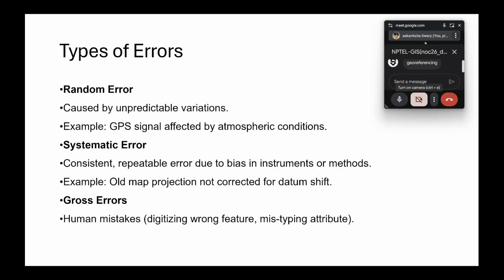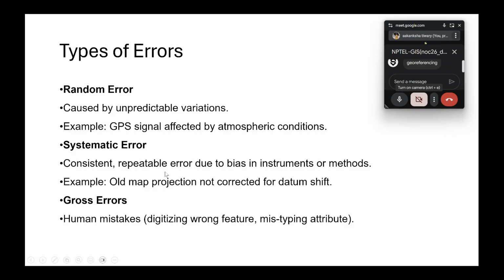Okay, so these are different dimensions of data quality, and then there can be different kinds of errors: random, systematic, or gross error. Gross errors are introduced by human mistakes. Suppose you digitize a wrong feature or mistype an attribute, that kind of error is a gross error. Systematic error is a consistent or repeatable error, and this is due to the instrument or method.